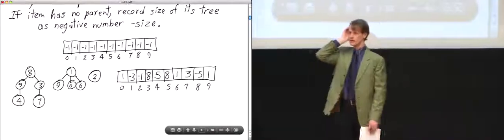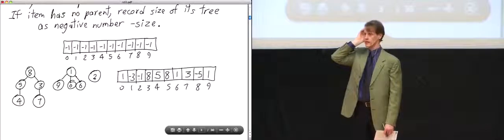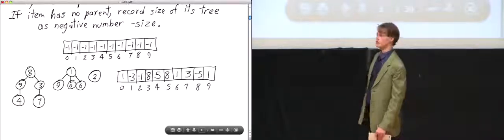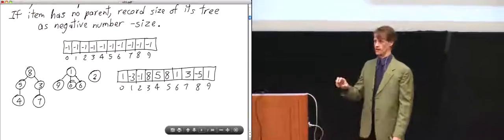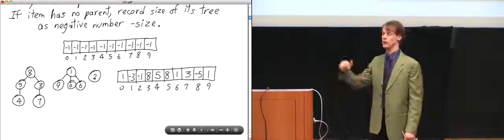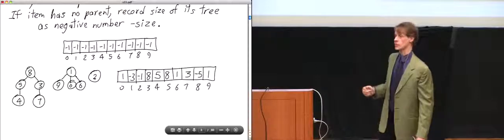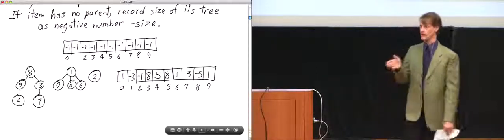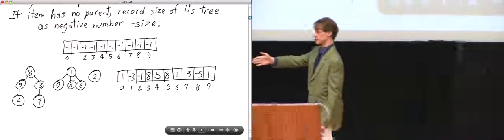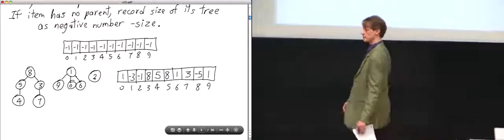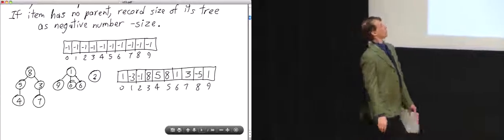Yes? If your objects are strings, then I would recommend using a hash table to map each string to a number in the range from 0 to n minus 1. And in fact, you're going to do that for project 3. Yes? Oh, yeah, you're right.